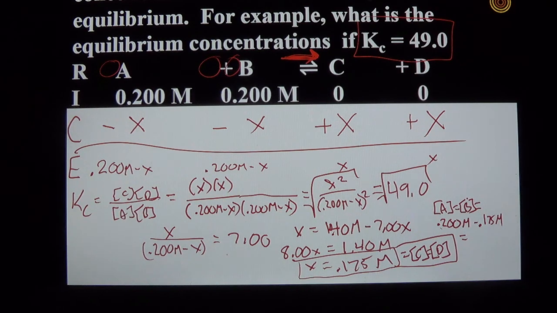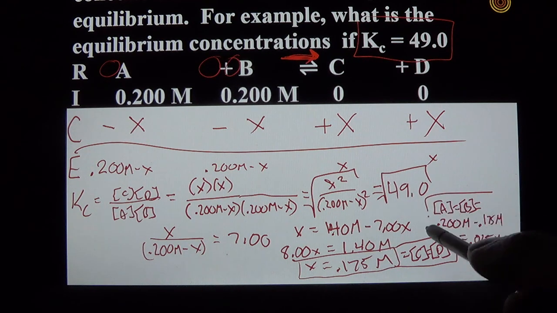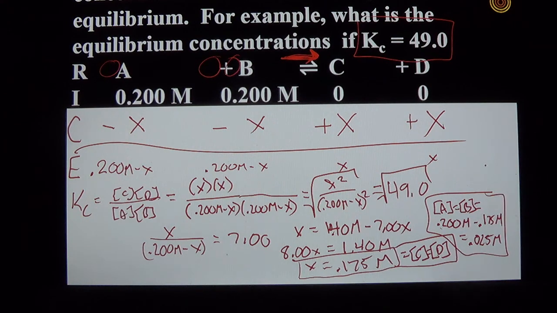If you don't show all this work, then even with the correct answer here, which is 0.025 molarity, I'm boxing that, you would get no points, because as far as they're concerned, you guessed, and you get no points for guessing.